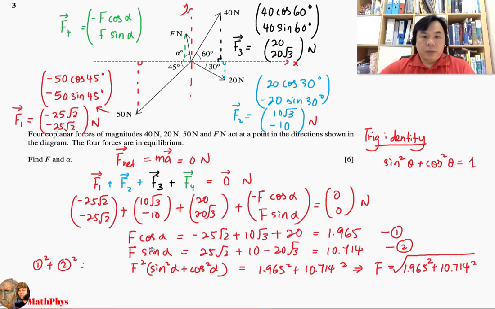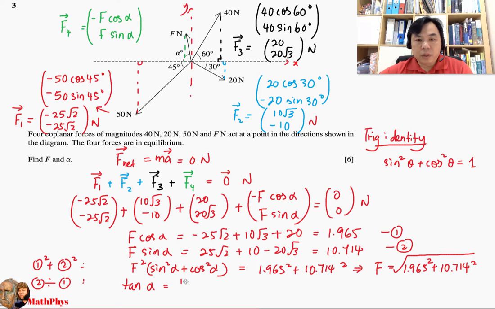And then finally we're going to figure out the alpha itself. So for the alpha itself, you can also make use of trigonometry ratio. So the trigonometry ratios that we have would be, here you can take 2 divided by 1 instead. So you can take equation number 2 divided by equation number 1. We will end up with tangent alpha.